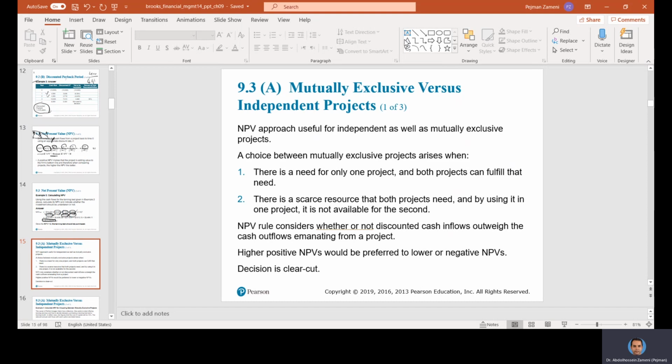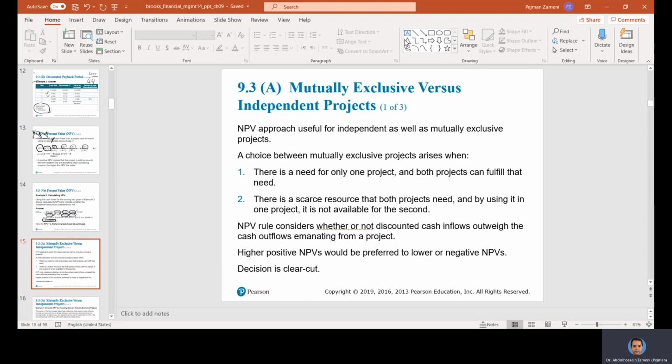NPV approach is useful for independent as well as mutually exclusive projects. A choice between mutually exclusive projects arises when there is a need for only one project and both projects can fulfill that need. There is a scarce resource that both projects need, and by using it, one project is not available for the second.